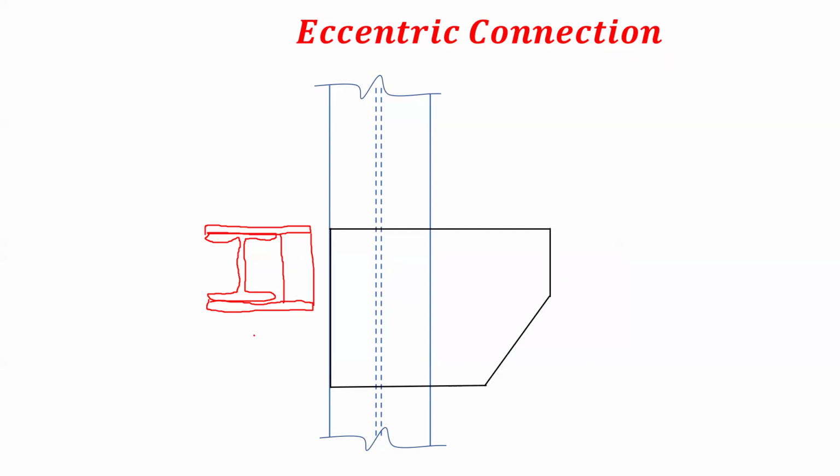So we are seeing only this side, and therefore we are going to get these two lines of web as dotted, and we have plate on this side also. So whatever number of bolts we are going to provide on this face, same we have on opposite face also.